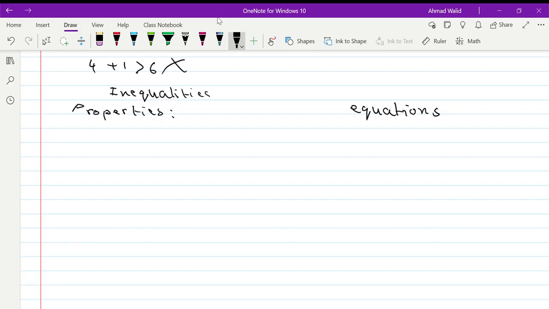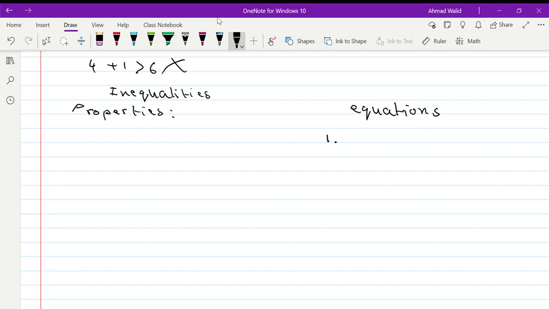I'll do both for you to remind you. There were four famous properties of the equations. Actually, we call them properties or rules, but actually that's the method that you use for solving an inequality, correct? What was the first one? Number one, the addition rule or the addition property.